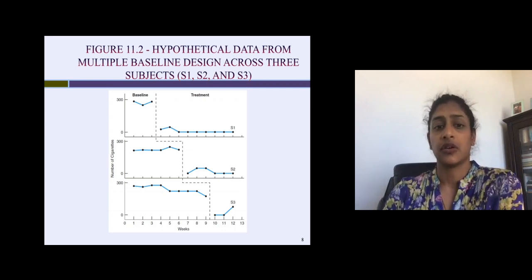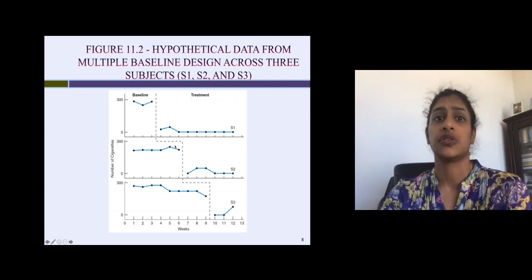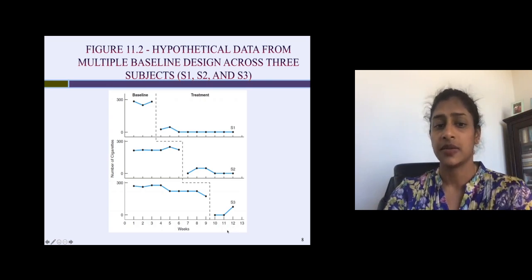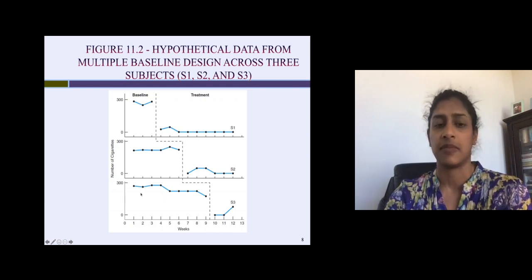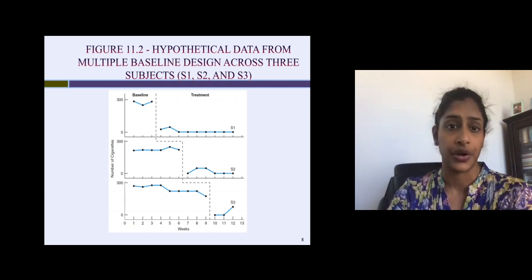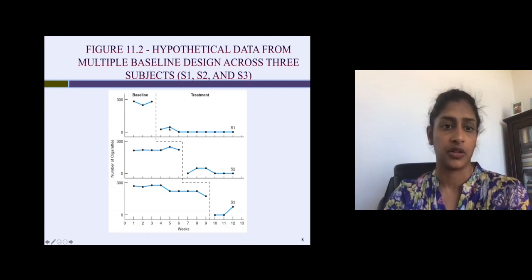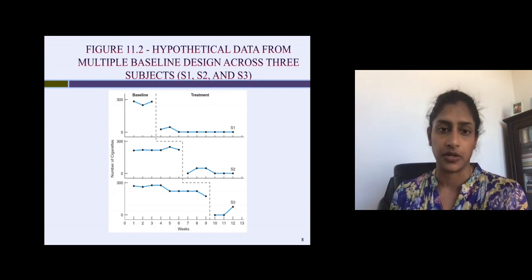And what you see across the board is there seems to be smoking cessation, so there seems to be a decrease in the number of cigarettes that are being smoked, except when we get over here, we start to see a peak again. So perhaps there's something to suggest that maybe starting it earlier could see some improvement. I mean, if we look here, there was a little bit of a peak before we saw it go down. So perhaps if we continue this, we might see a different picture.